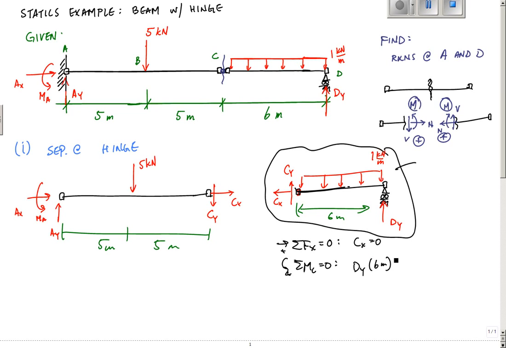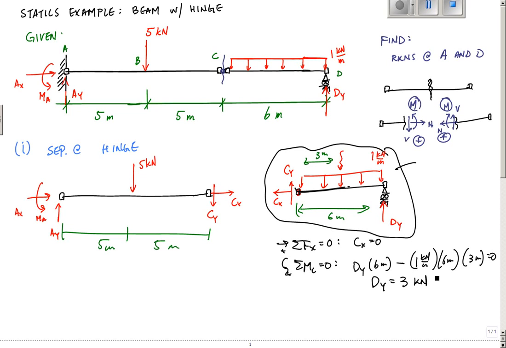Minus 1 kilonewton per meter times 6 meters times, the resultant is over here, so the distance to the resultant is 3 meters. So the resultant is 6 kilonewtons times 3 meters equals 0, and that tells me that dy equals 3 kilonewtons.